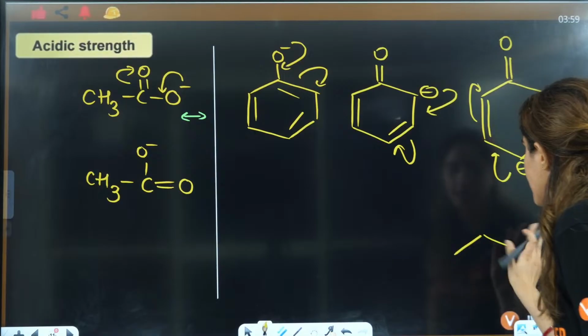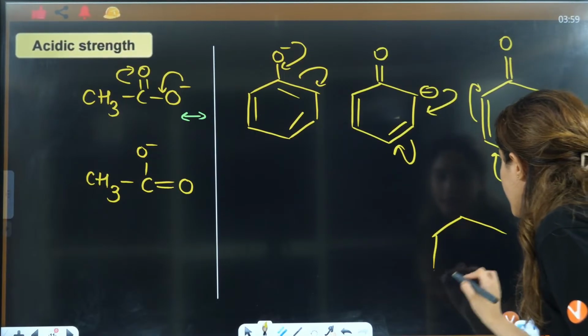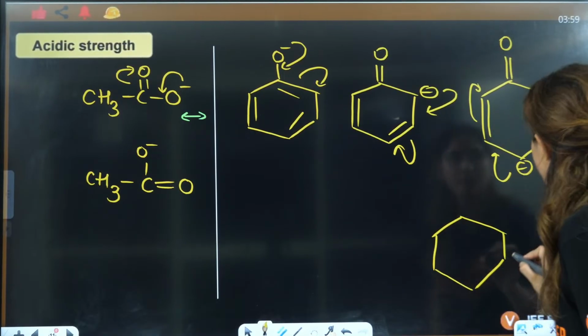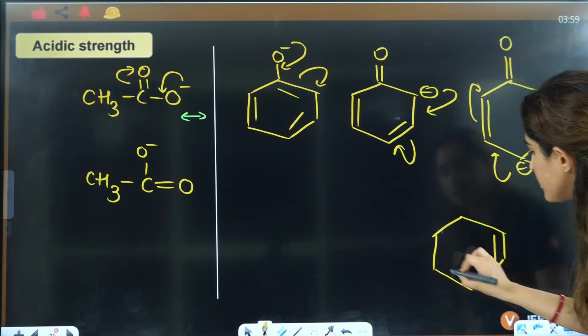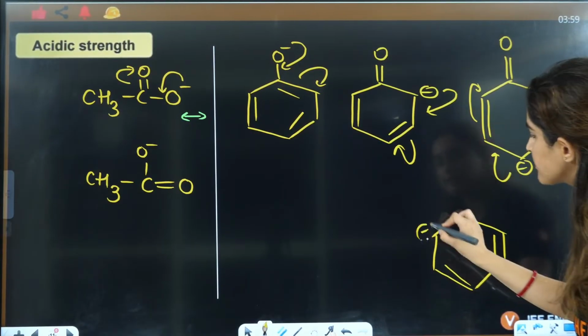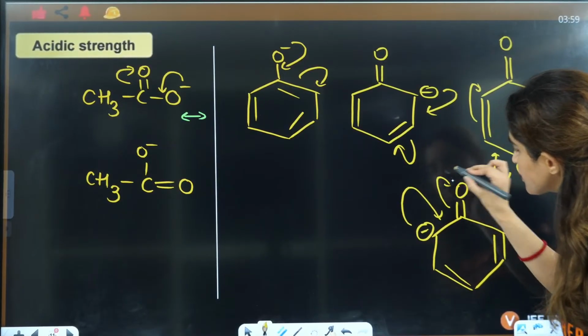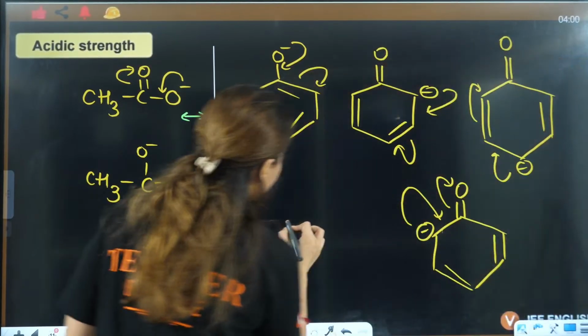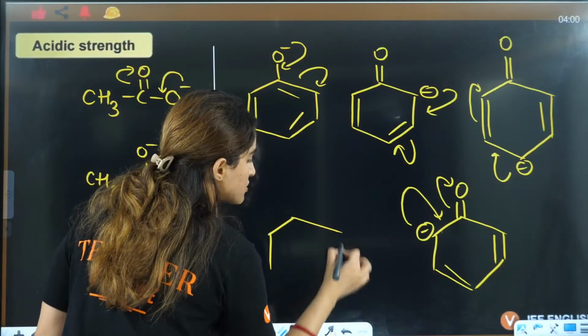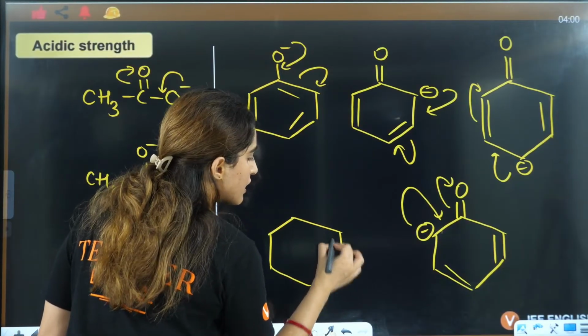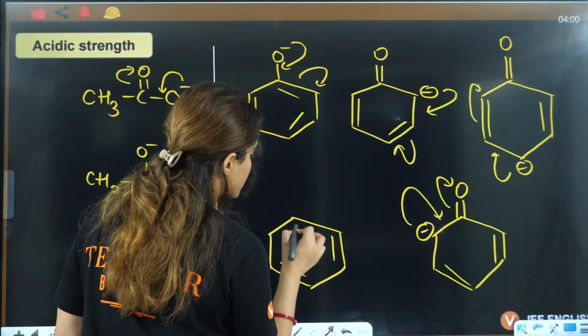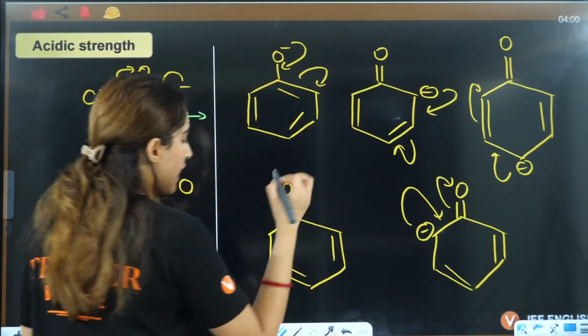Then this negative will shift here, this will shift here, and you will have 5 resonating structures, just like you had for phenol.